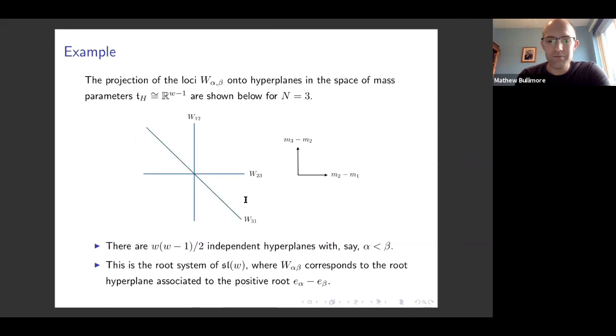Those hyperplanes you can think of as root hyperplanes associated to positive roots of SLW. And so you've got a root system here. And that's no coincidence. As you develop these theories and study more complicated observables, you end up building these algebras in such a way that their root system is obtained in this way. So we're starting to see connections here to geometric representation theory.